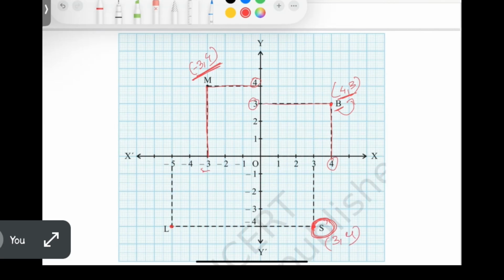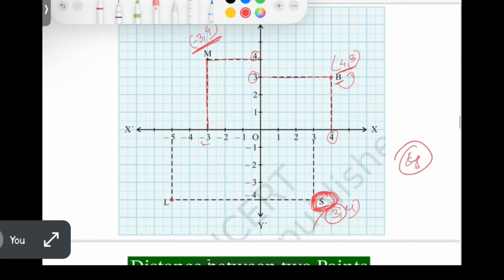So the abscissa of the point S is nothing but 3. We know abscissa is the other name of x, and ordinate is the other name of y. So the question can be twisted this way: what is the abscissa of the point S here? Abscissa means 3. What is the ordinate of the point S here? Ordinate means the y value, which is 4 here. Okay, the question can be twisted that way.